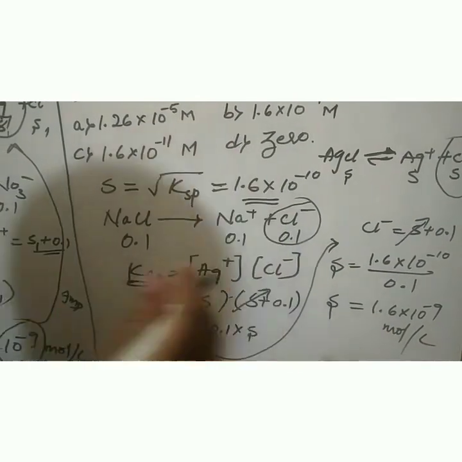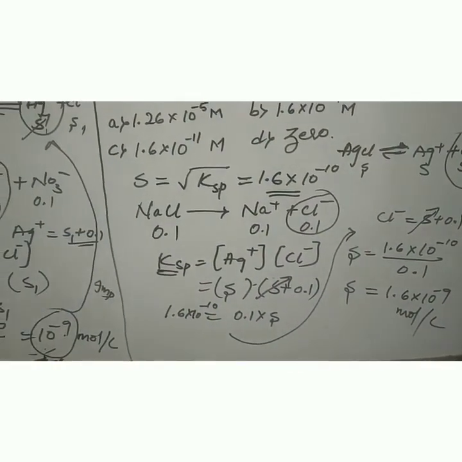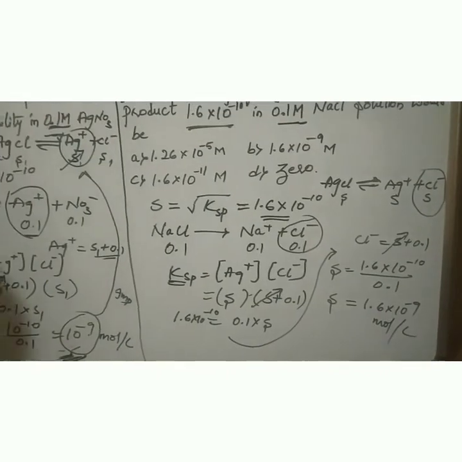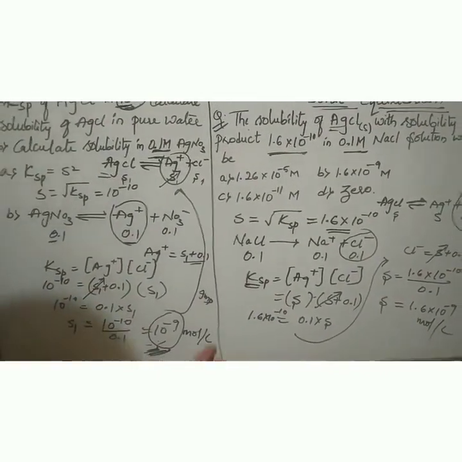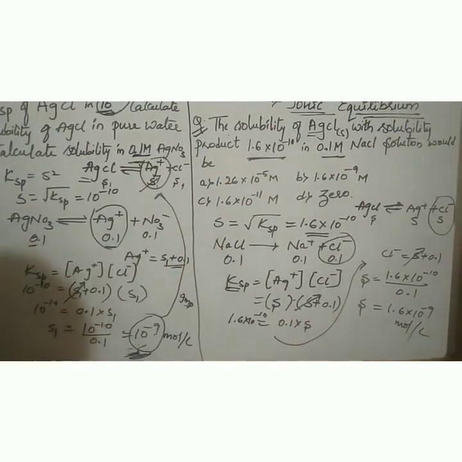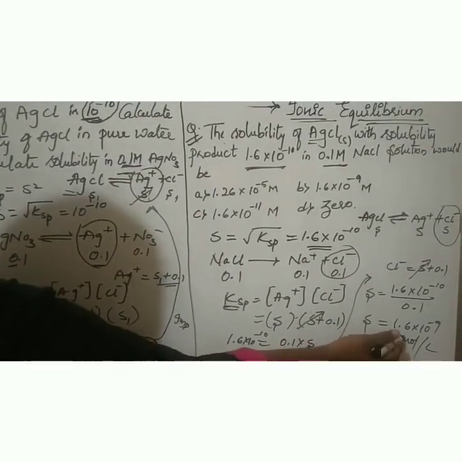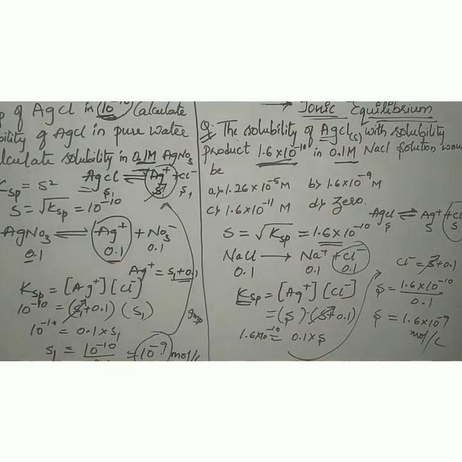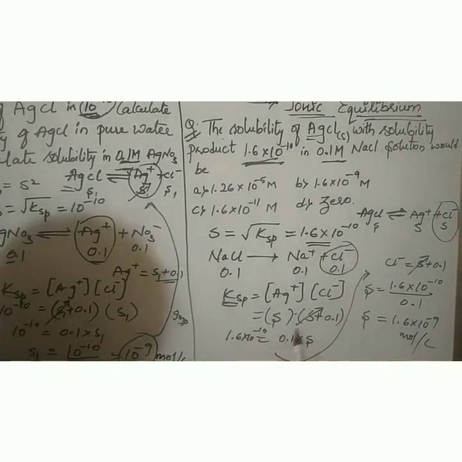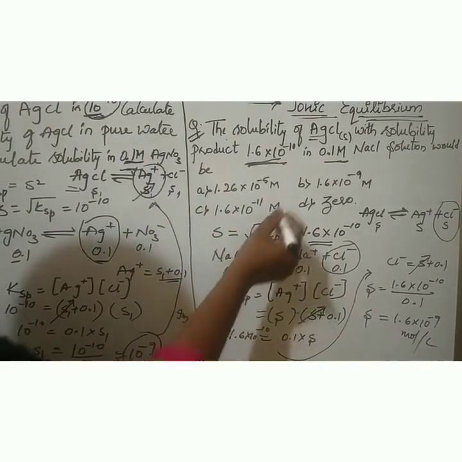As I said in trick 3, if the common ion is added to the solution, the solubility decreases. The molar concentration decreases. The solubility product is 10 raised to minus 10, and here 10 raised to minus 9. Then the option is this one.